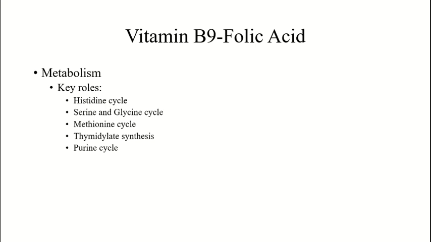Folic acid is involved in, again, several metabolic cycles. The first cycle is the histidine cycle. In this particular cycle, the deamination of histidine in the presence of folic acid results in the generation of urocanic acid.